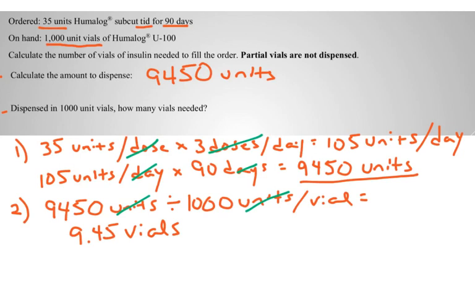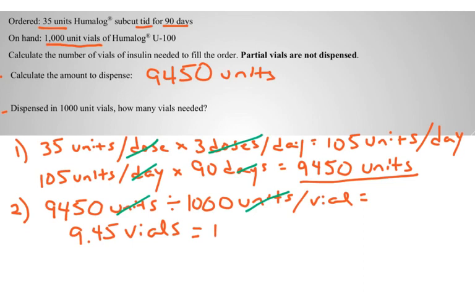Now, you can't give 9.45 vials because the vials are in whole amounts, so you can either give 9 or you can give 10. When you're talking about rounding, you technically would get 9 vials, but this person needs medicine for their whole time of taking the medicine, so they need it for 90 days.